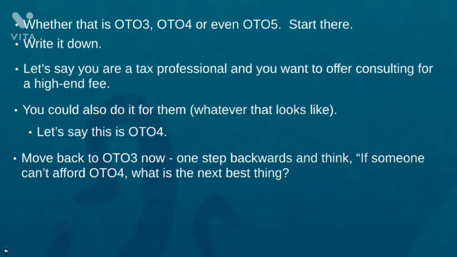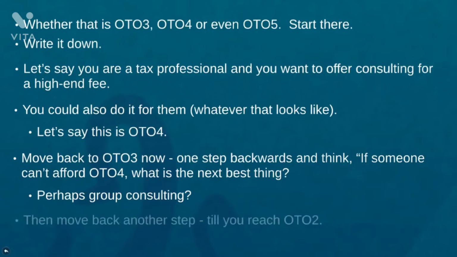In other words, what we like to do is take a piece of that and move backwards. So what is the next best thing? Perhaps group consulting. So maybe group consulting could be one-time offer number 3, and one-time offer number 4, maybe that's one-on-one personal consulting. So number 4 is one-on-one, number 3 is group consulting, and then move backwards.